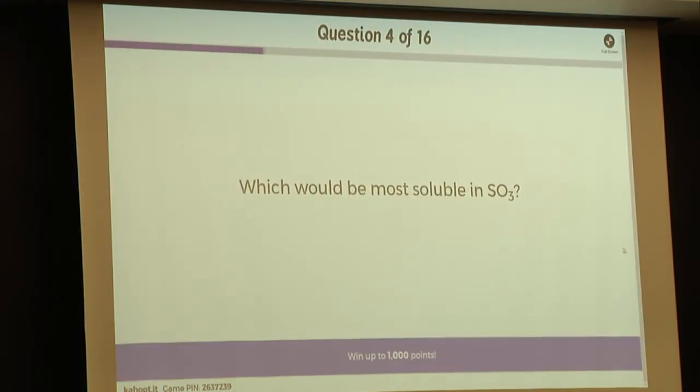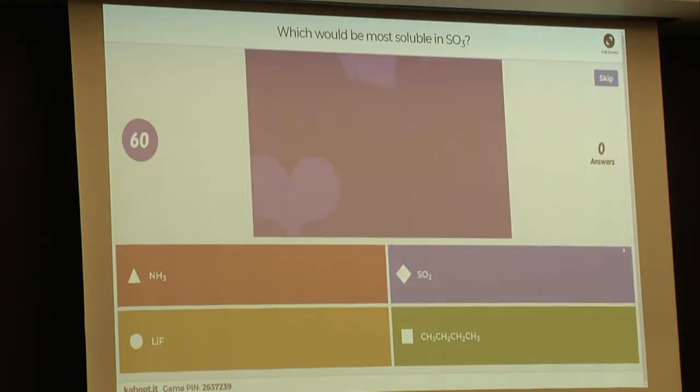Okay, which one would be most soluble in SO3? So this is chapter 12 or chapter 13 in a new book.